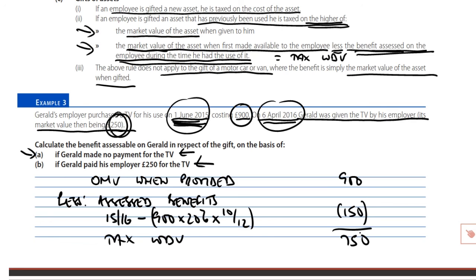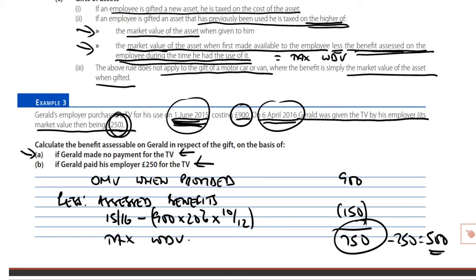So in terms of Part A, there's the assessable benefit in the 2016-17 year arising on the gift of that asset. In B, if Gerald had paid his employer £250, £750 minus £250, well, that would be £500 then as the assessable benefit.